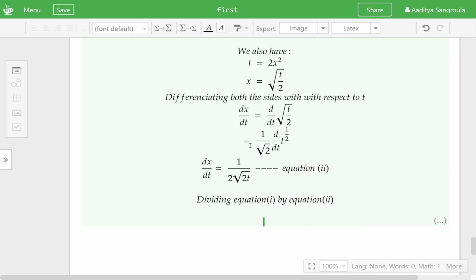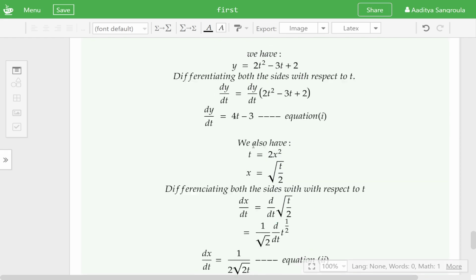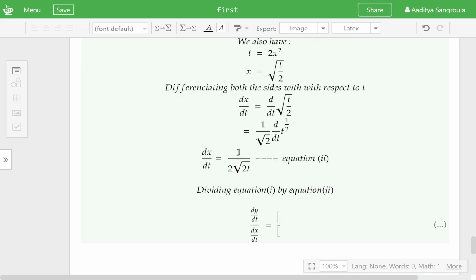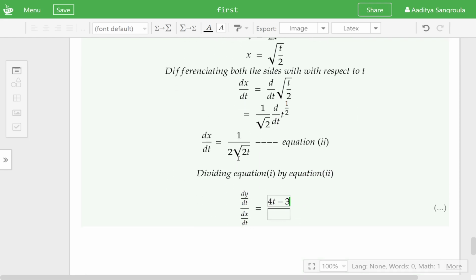So dy over dt divided by dx over dt is equal to 4t minus 3 divided by, for clear visualization, 1 divided by the, okay, not even that, copy this.